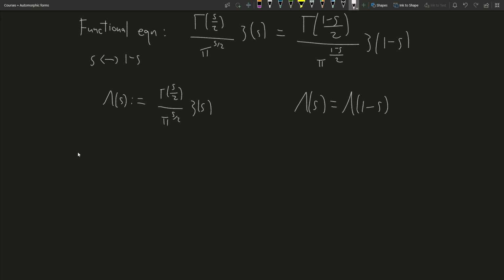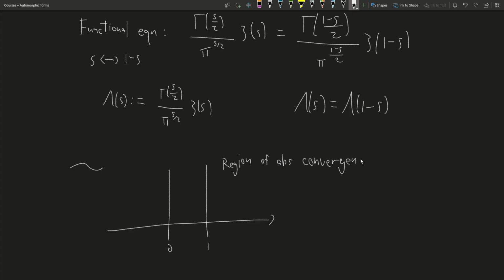This symmetry, s to 1 minus s, means that by and large, over here you have this region of absolute convergence of the series definition, the sum of 1 over n to the s, n from 1 to infinity.